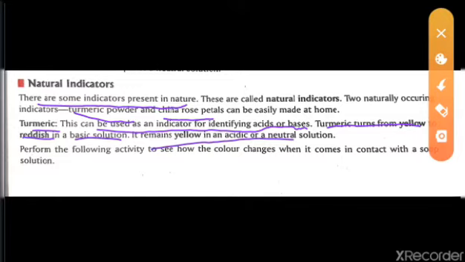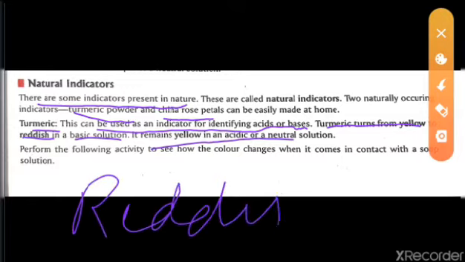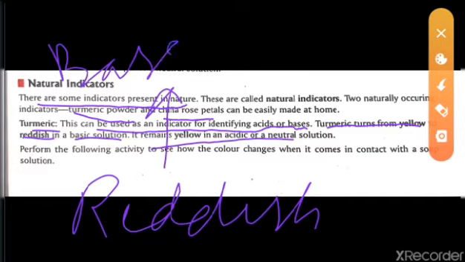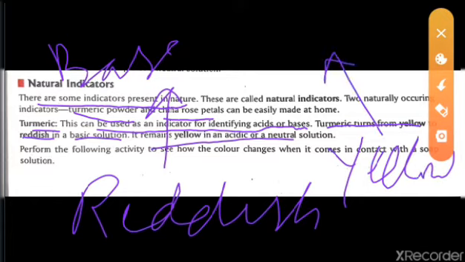So reddish shows the base, and yellow shows the acidic medium, or the neutral medium.